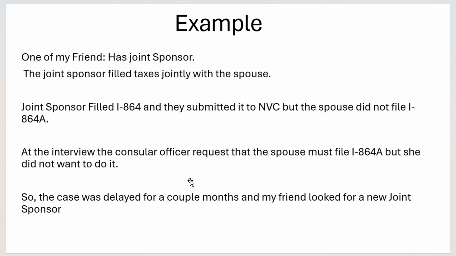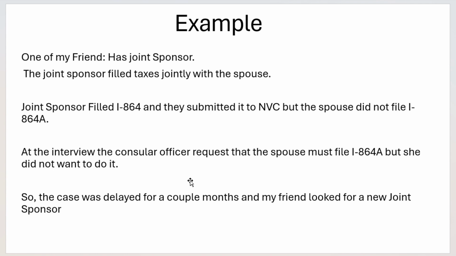It went to the embassy. At the embassy, on the interview date, the consular officer requested that the spouse of the joint sponsor must file I-864A. But the problem was that the spouse of the joint sponsor did not want to file I-864A for some reason.